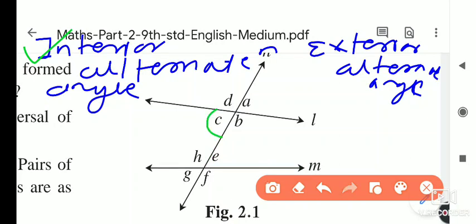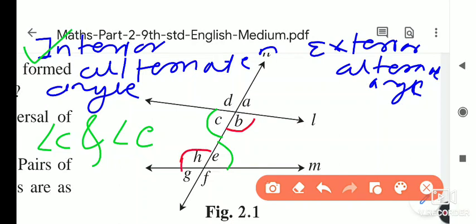Here it is angle C and angle E, the interior alternate angles. And angle B and angle H are also interior alternate angles.